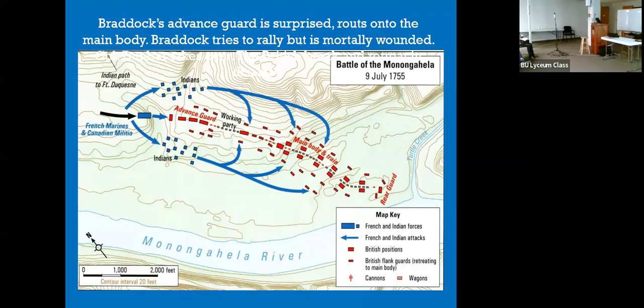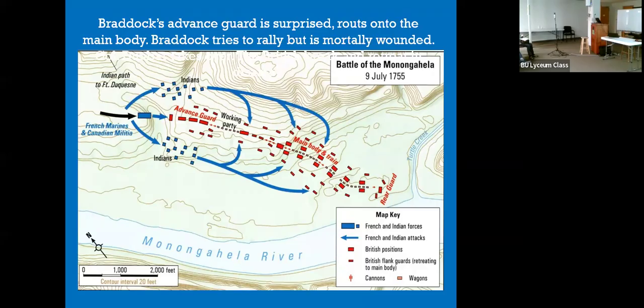But unfortunately, as they come back on the main body, they immediately start to disrupt what Braddock is trying to establish as a concerted defensive line to hold off the attack. It completely blows everything up. And again, they get attacked from the flank. And when they're attacked from the flank, Braddock is mortally wounded.